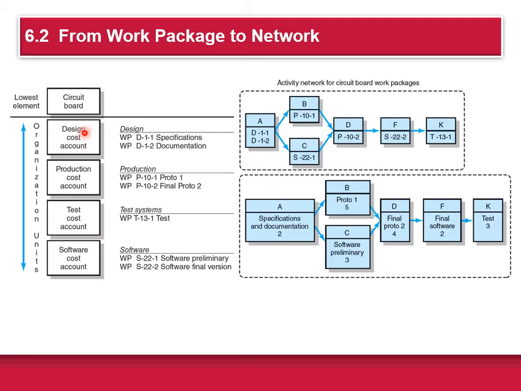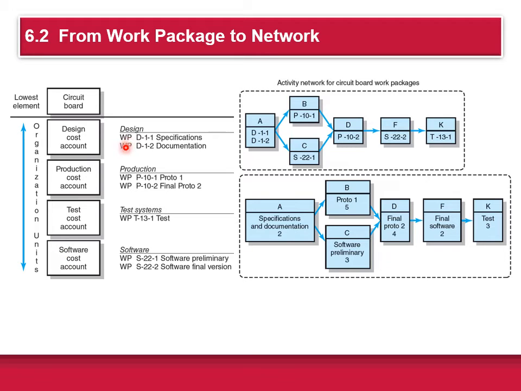So this figure shows a segment of the WBS example and how the information is used to develop a project network. In this particular example, the lowest deliverable is the circuit board. And it shows the organization units, the cost accounts: design, production, test, and software.